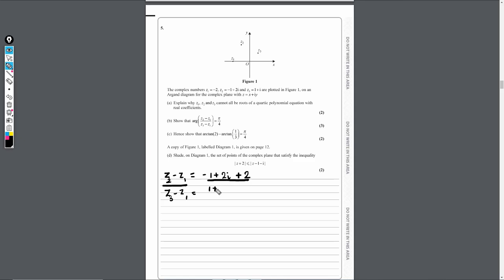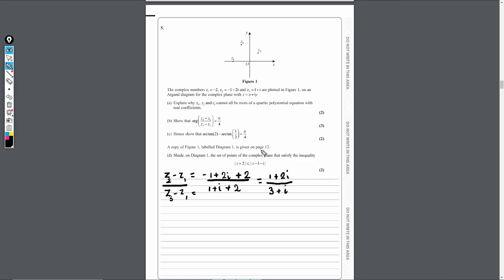And again, we're taking off Z1, so that's minus minus 2, which is the same as plus 2. Okay, so now my numerator will simplify to minus 1 plus 2, so that's 1 plus 2i. Just be careful you don't miss your own negative sign like I just nearly did. And on the denominator, I've got 1 plus 2, so that's 3 plus i.